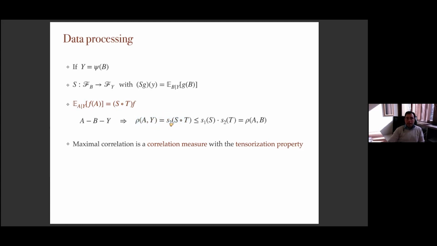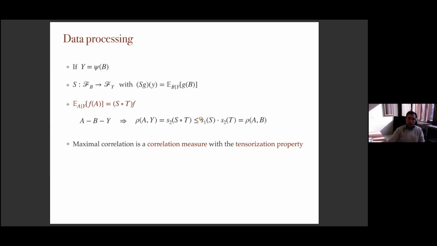And then the second singular value of the product of these two matrices is at most the first singular value of S times the second singular value of T. Again, you probably have seen this inequality and used it.